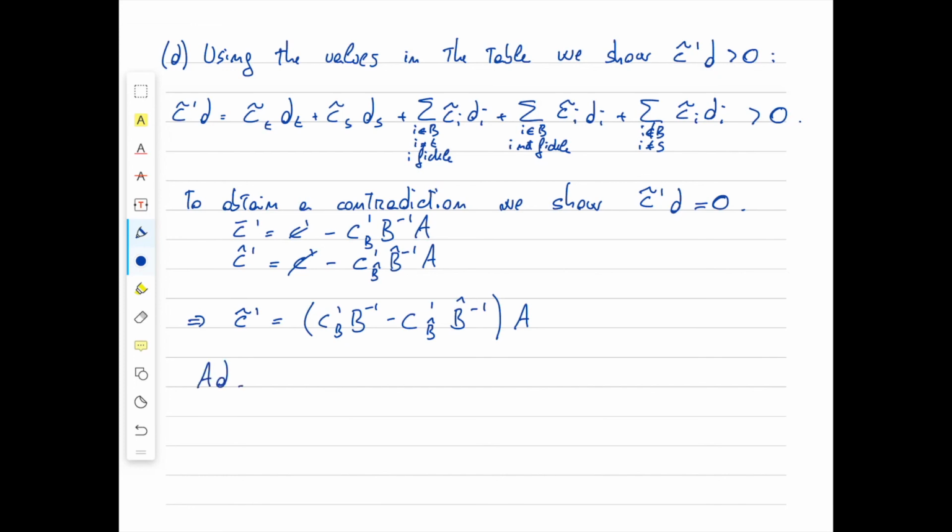So A d equal to 0 implies c tilde transpose d equal to 0. So we have a contradiction. And this concludes the proof that Bland's rule avoids cycling. And this also concludes our lecture on anti-cycling.